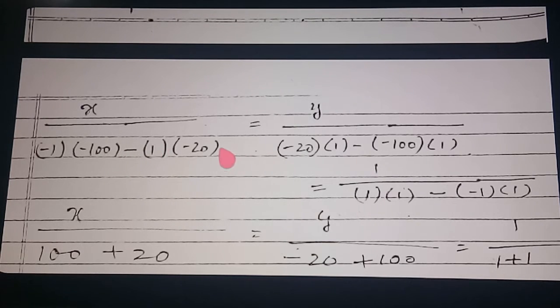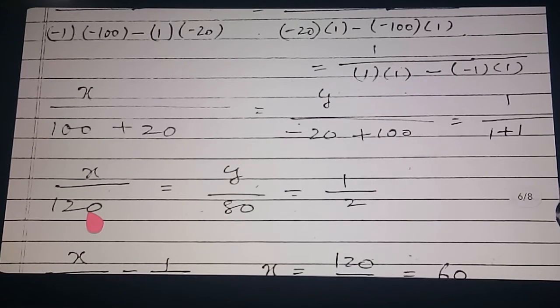Here also 2 minus, so plus. And here minus 20. Then here 2 minus, so plus 100. And here 1, and here 2 minus coming, so plus 1. So x upon 120 is equal to y upon 80 is equal to 1 by 2.